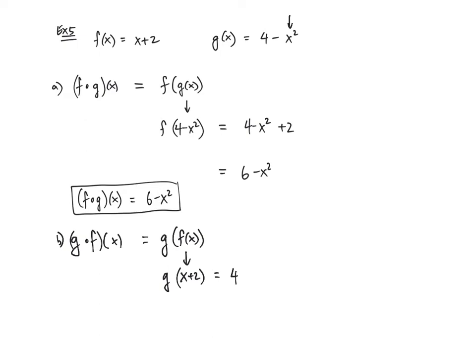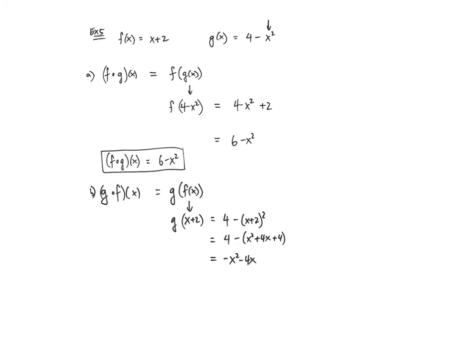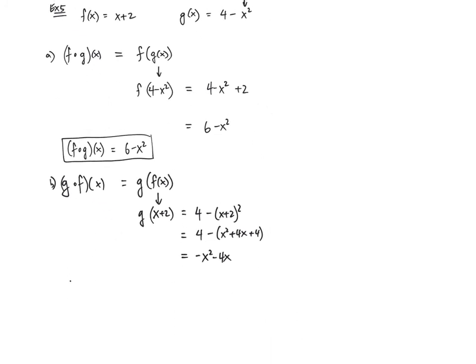So you're going to get 4 minus (x plus 2) squared. If you work that out, FOIL it, and simplify, you'll get negative x squared minus 4x. So that is g of f of x.